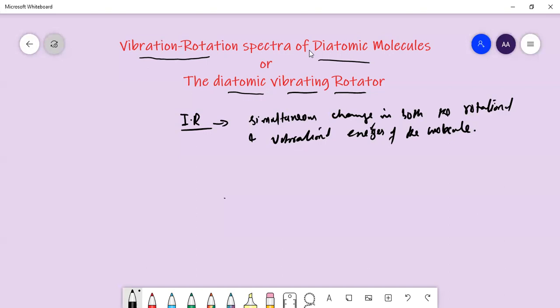So this kind of spectrum is known as vibration rotation spectrum. It means the spectrum is arising due to the change in the vibrational as well as rotational energy of that molecule.